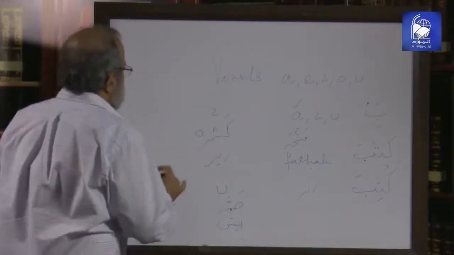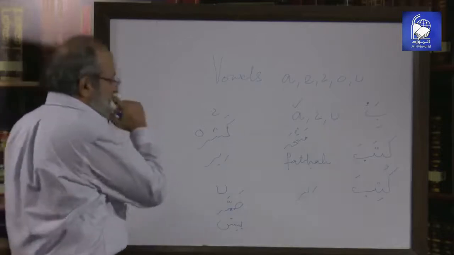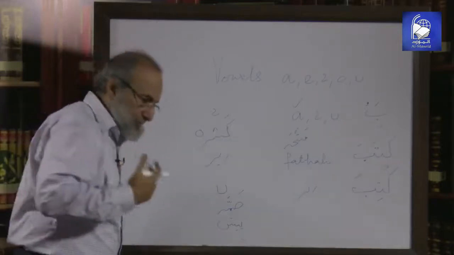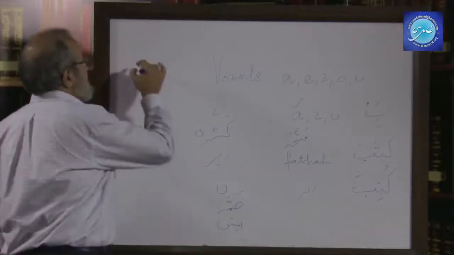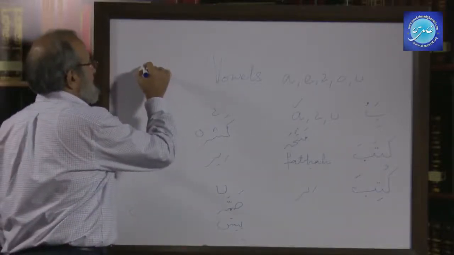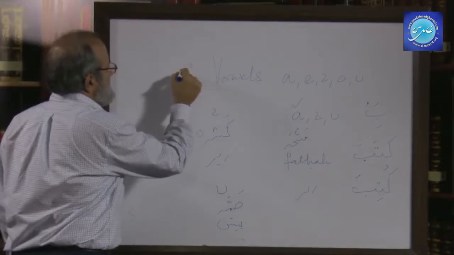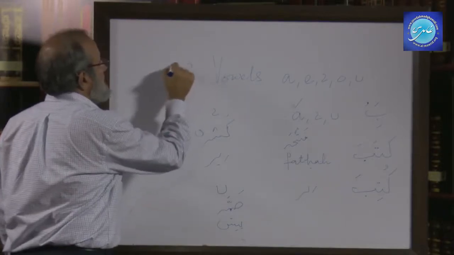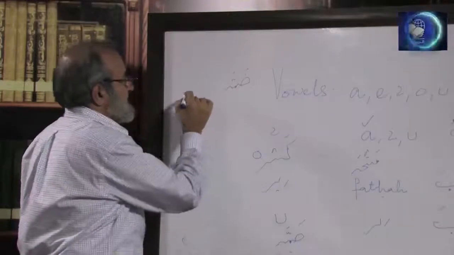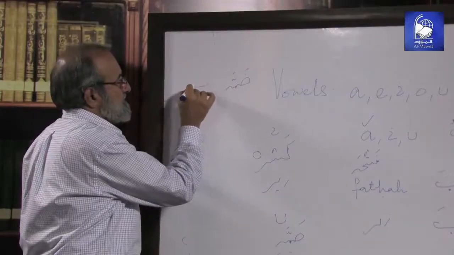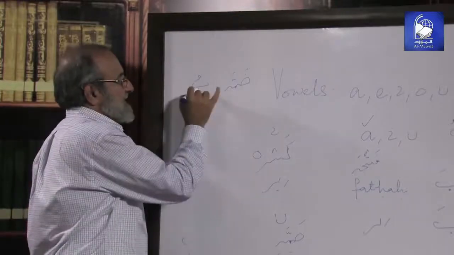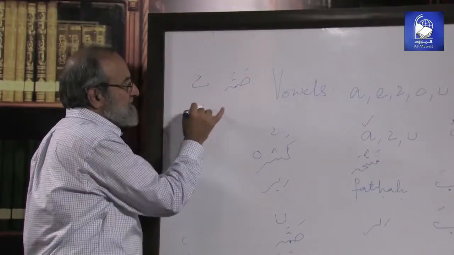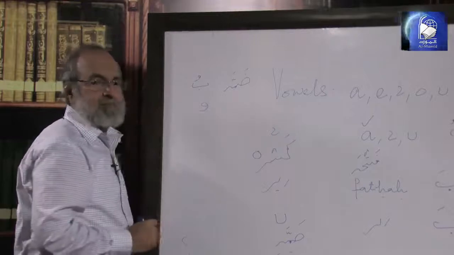Those three vowels and their partner letters are, if we start with dhamma, which is this symbol, the equivalent alphabet is vav.